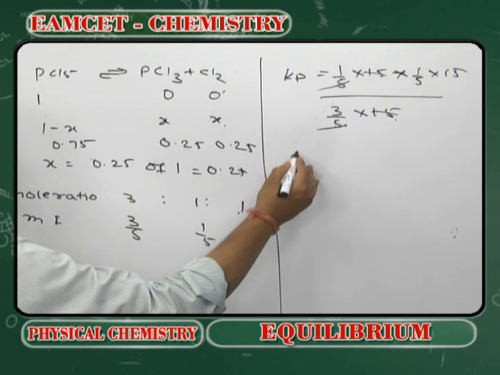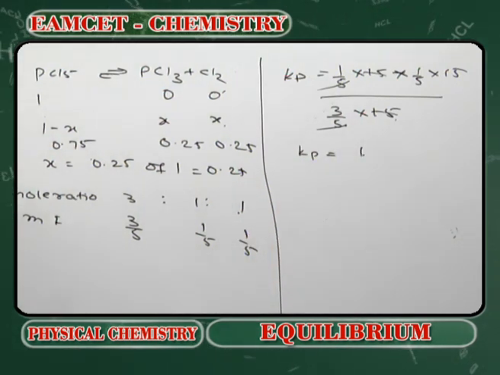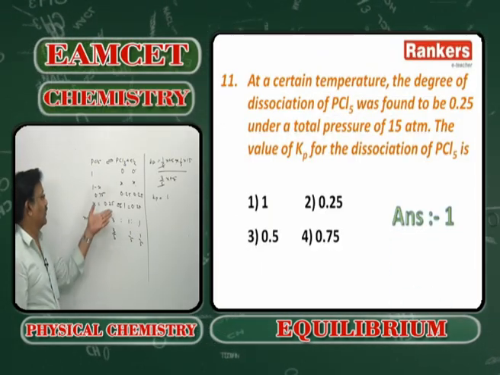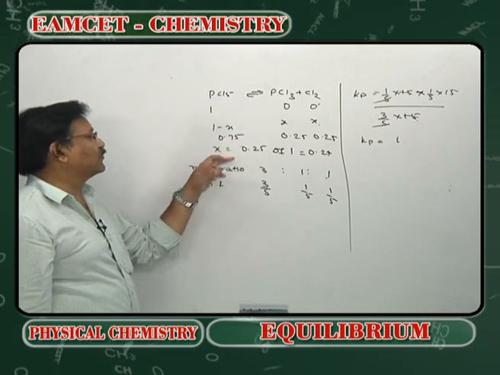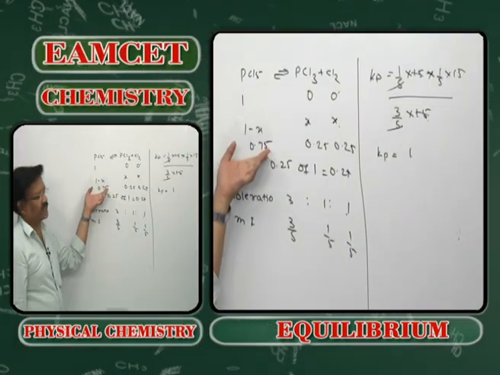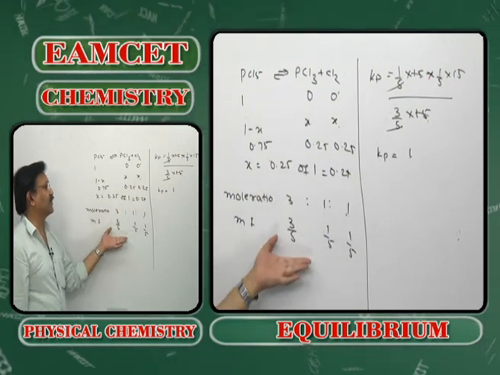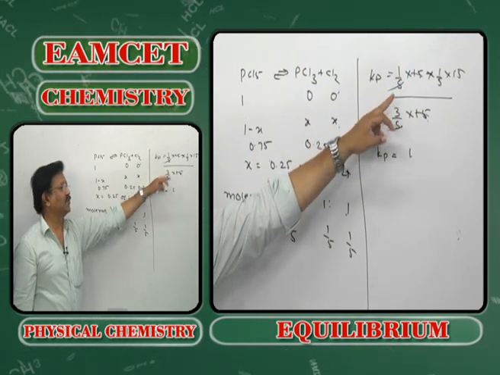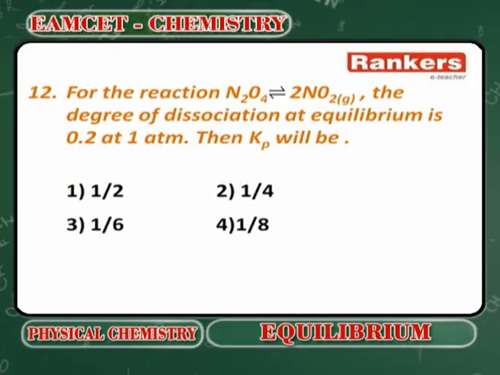Kp will be equal to 1. Option 1 is the answer. So when the degree of dissociation is 0.25, what will be left over? 0.75, 0.25. Mole ratio is this, mole fractions is this. By definition, Kp is equal to mole fraction into total pressure. Next question.